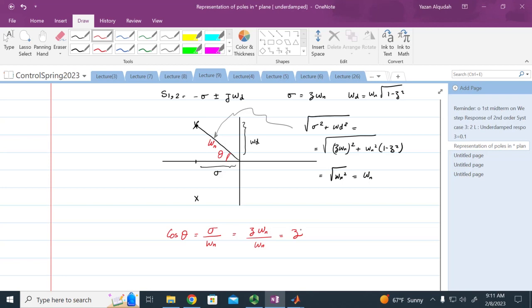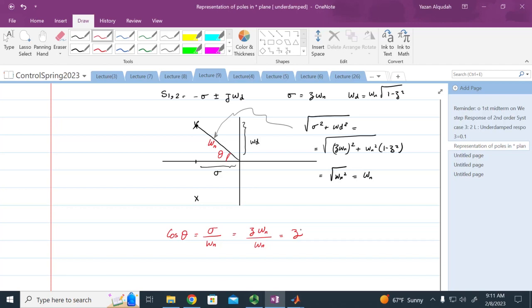So what does that mean? If I have poles and I can move them around, what happens when I'm at this location? What is theta going to equal? 0. What is zeta going to equal? 1. Because the cosine of theta is 0. If I increase theta, what's going to happen to zeta?